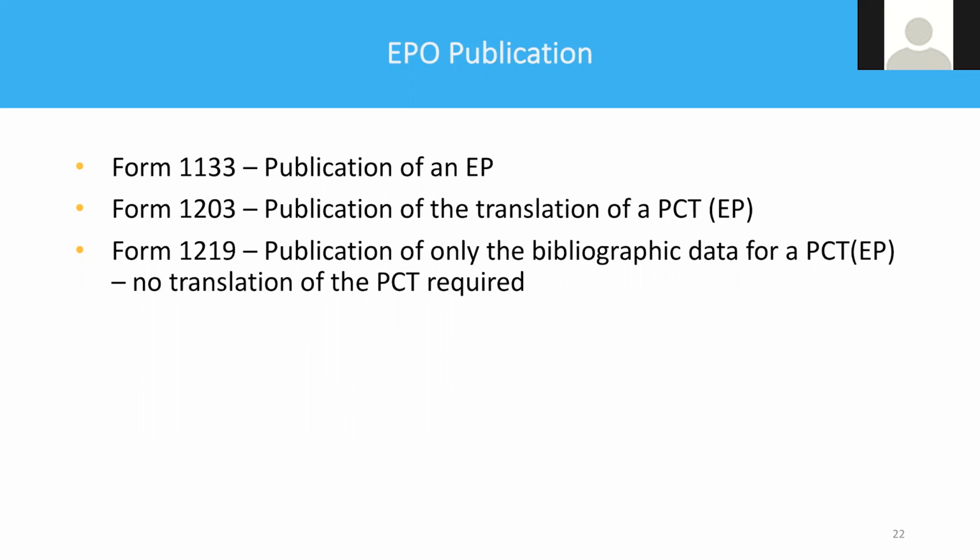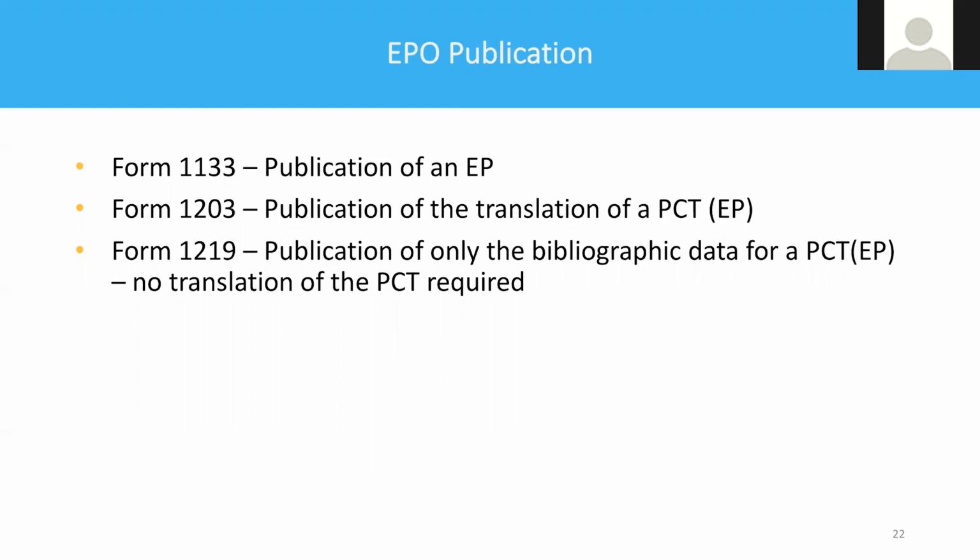The Form 1133 publication of the EP, Form 1203 publication of the translation of a PCT EP, and Form 1219 publication of only the bibliographic data for the PCT, where no translation of the PCT was required.